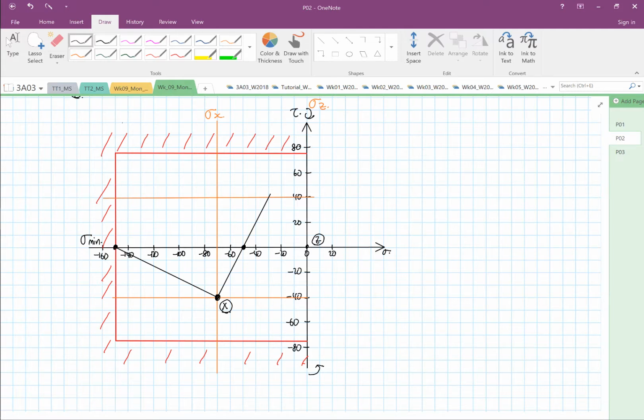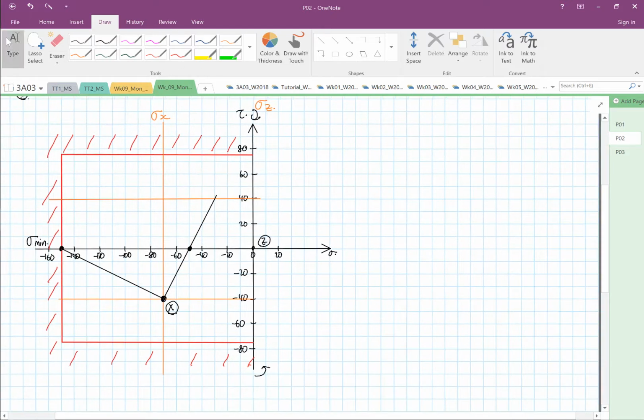So I'm going to call the angle. Now, why am I doing this? The rules of the circle: if you watch the video on Mohr circle, I did highlight that.